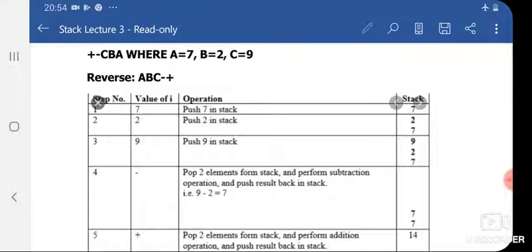As we get an operator, we first pop out the first 2 operands from the stack. Let us say them as s1 and s2. Therefore we pop out 9 and 2 from the stack. Let s1 become 9, s2 becomes 2, and we perform s1 minus s2, that is 9 minus 2, which is equal to 7, and we push the result 7 back to the stack.